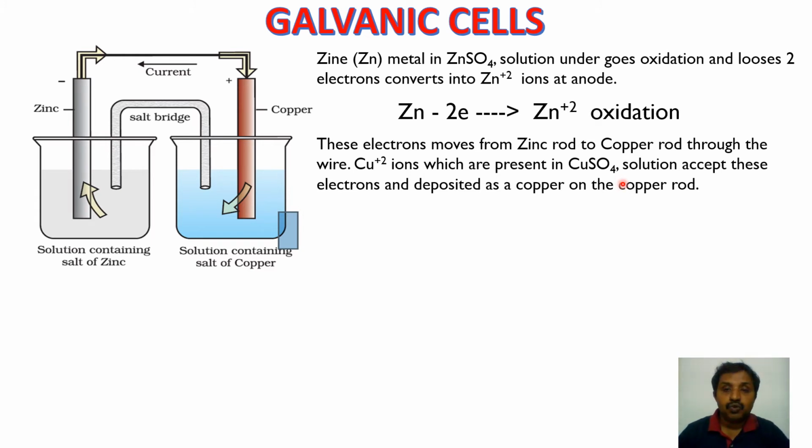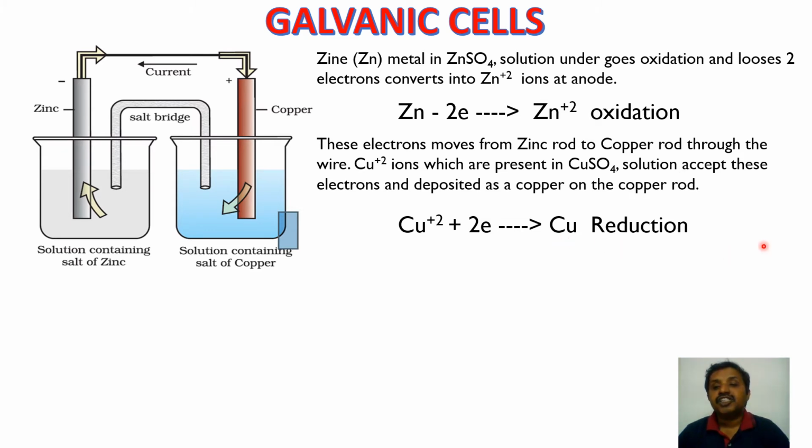Copper +2 goes to metallic copper, that is +2 to 0 oxidation state. It is reduction: copper +2 accepting 2 electrons to form metallic copper is a reduction reaction.